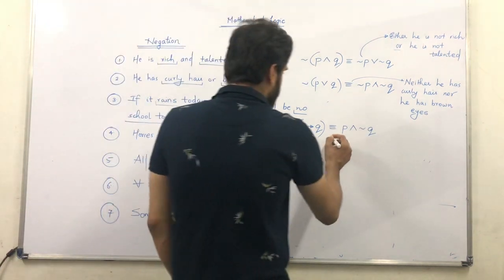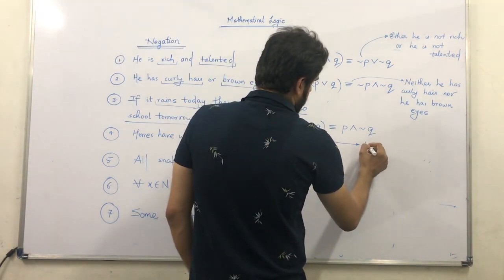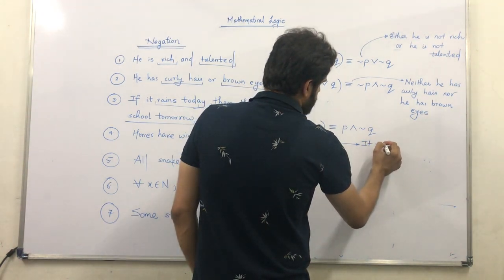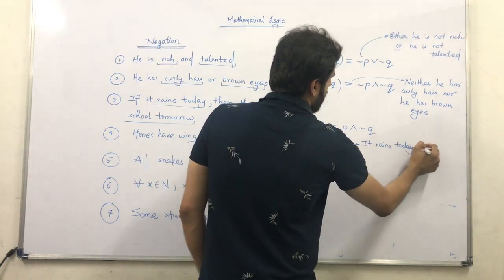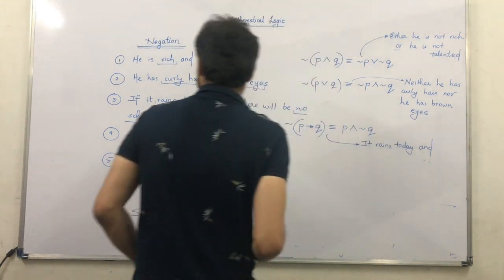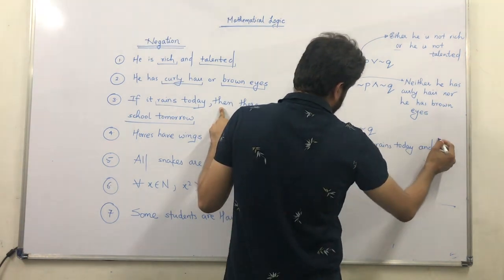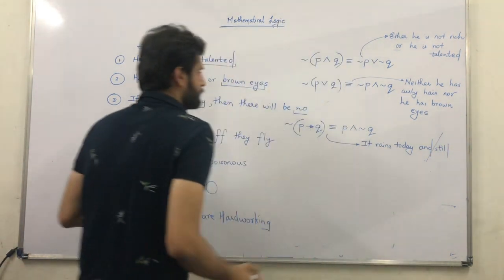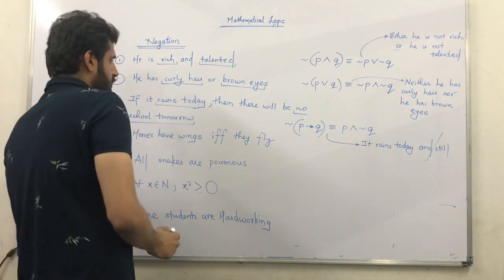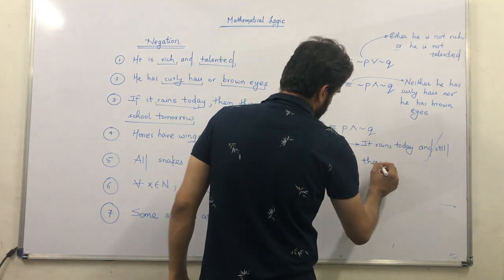In P and negation Q, I am going to write it as: it rains today and, or instead of and, if you want to use the appropriate word, you can use still. It rains today, still there will be school tomorrow.